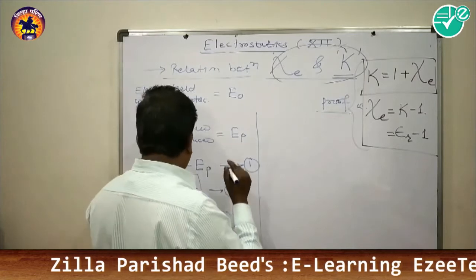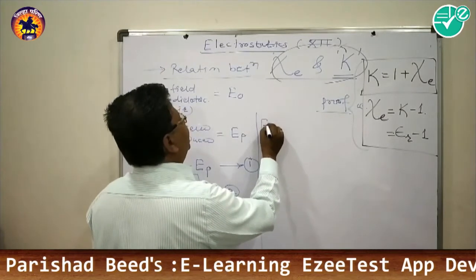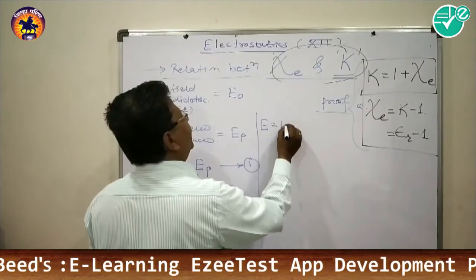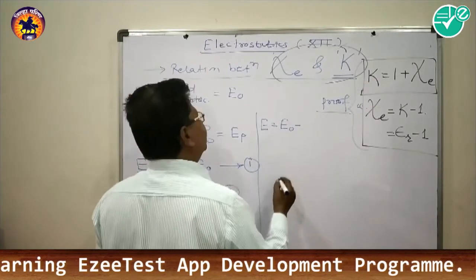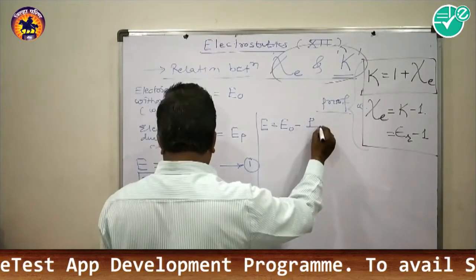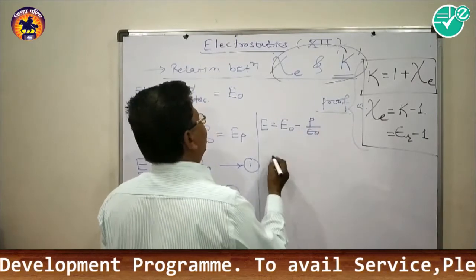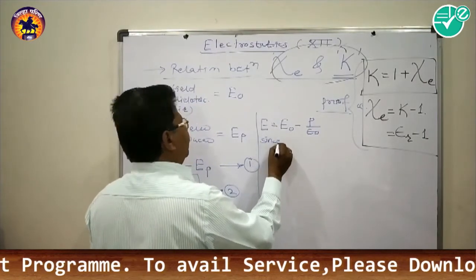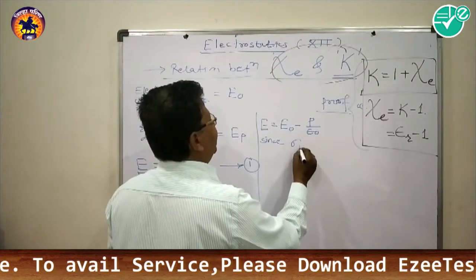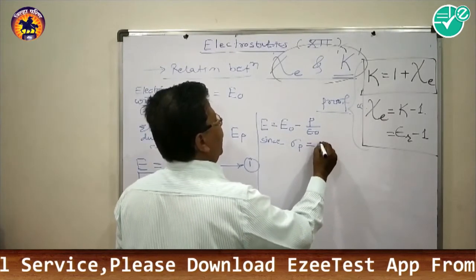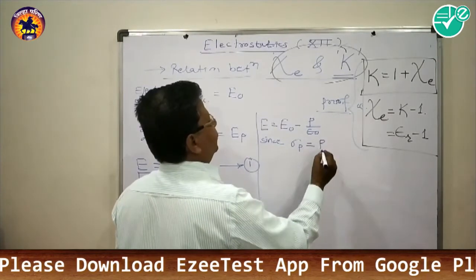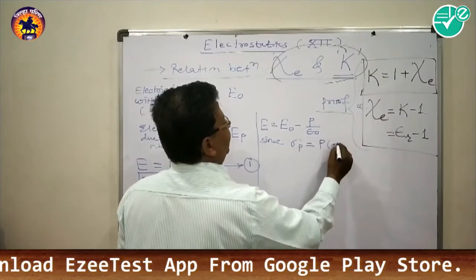Again, this equation number 3 can be written as E is equal to E0 minus P divided by epsilon 0, since sigma P is also called electric polarization P. This is electric polarization.